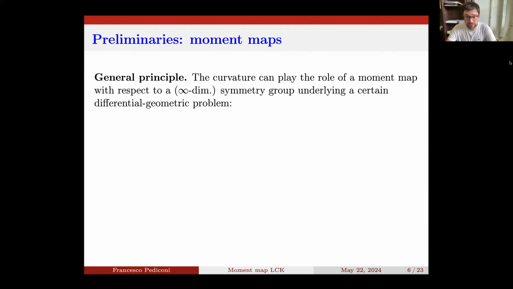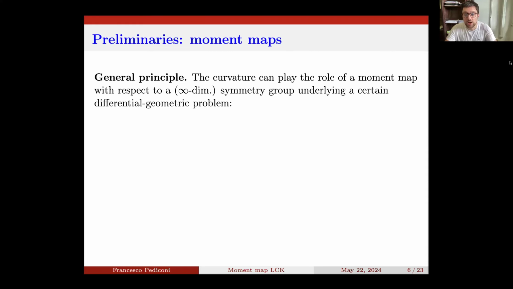As a general principle, it has been observed in the past that, and I'm not being very precise, the curvature can play the role of a moment map for a certain symmetry group, usually infinite dimensional, underlying a certain differential geometric problem that you are interested in.